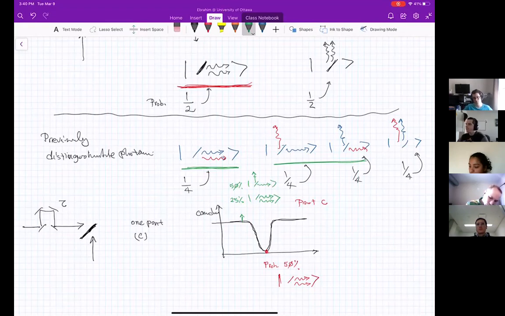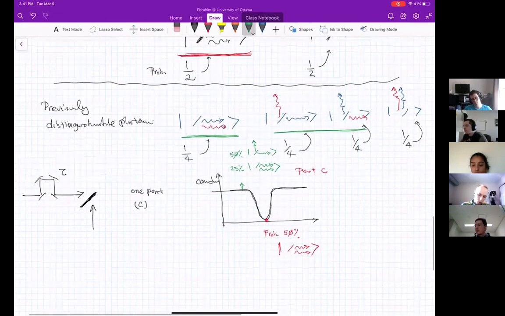Are you following? This is important, guys. So at the dip of Hong-Ou-Mandel, the 2 photons will be indistinguishable, and 50% of the time you do have 2 photons coming in. For distinguishable photons, what is happening? 50% of the time you have 1 photon at port C, but you have 2 photons at port C with 25% probability, okay? Let me write it down, just to remember.